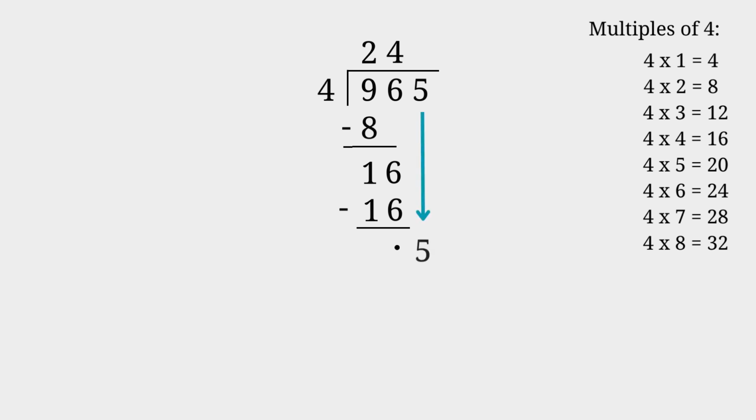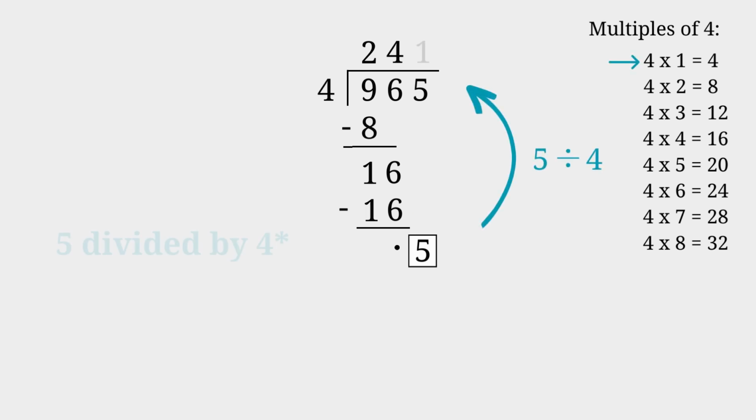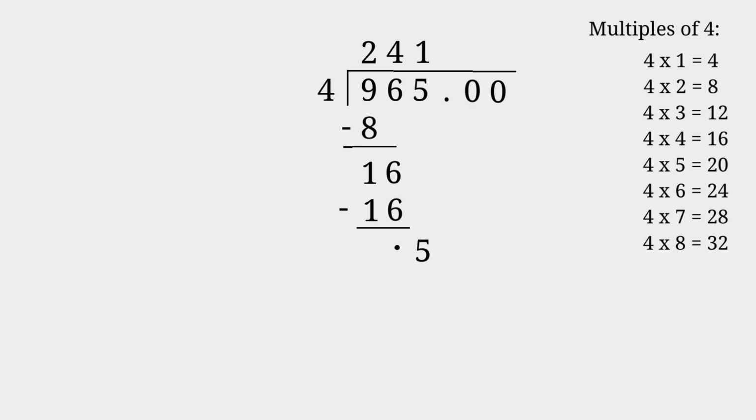Bring the 5 down. 4 does go into 5. It goes into 5 one time, so write 1 above your long division symbol. Since 5 divided by 4 does not give you a whole number, you have to carry on the calculations by looking at decimal values. You can write 965.0000, as many zeros as you like or need.